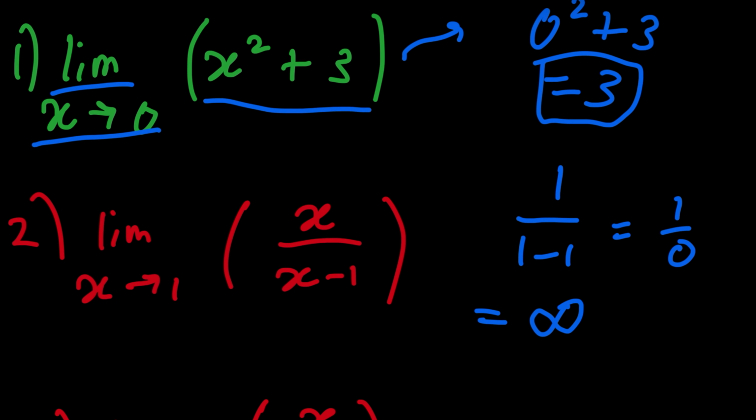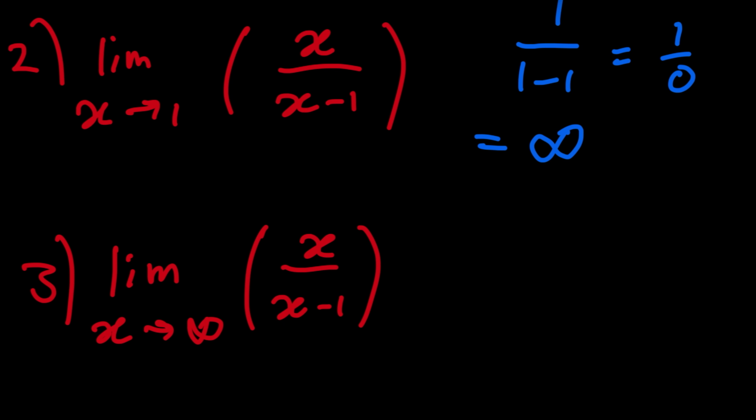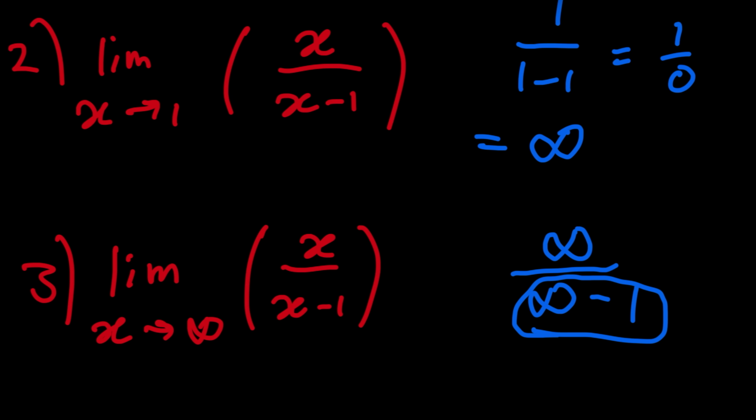What you want to do is, like the other questions, plug in our x value into the function. So we get infinity divided by infinity minus 1. But the thing is, infinity is so big that subtracting 1 from infinity will still leave it as infinity, right? Because there's no amount of numbers that can add up to infinity.